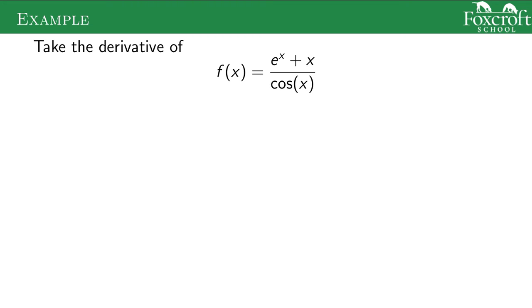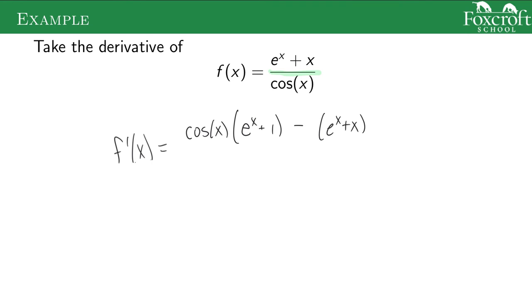Another quotient. Whenever you see this division bar in something you're taking the derivative of, you have to do the quotient rule. So we keep low the same, times the derivative of the top. The derivative of the top is e to the x plus 1. Then we subtract, and we keep the original top, times the derivative of the bottom, which is going to be a negative sign.